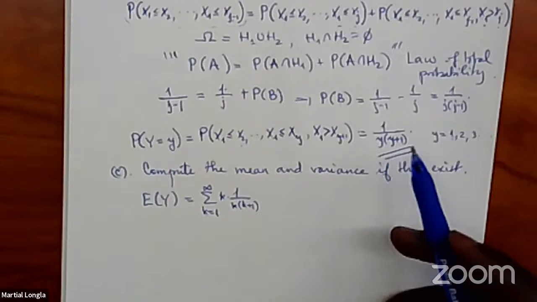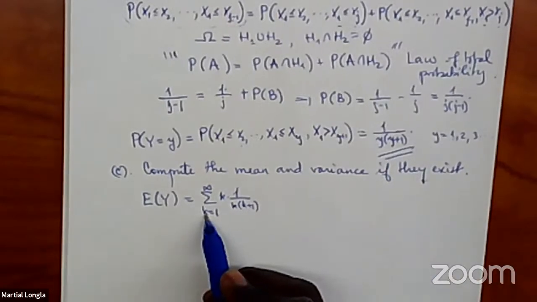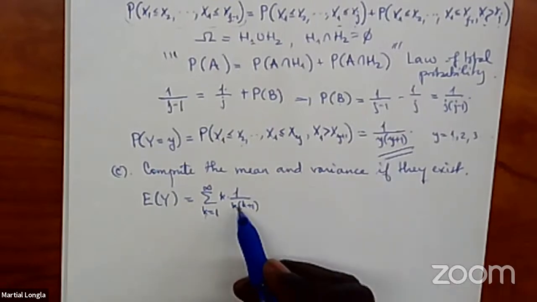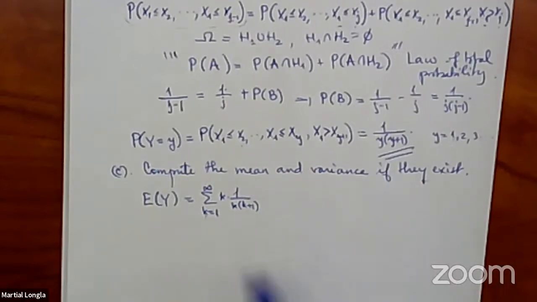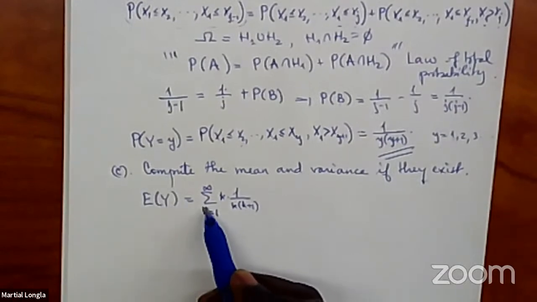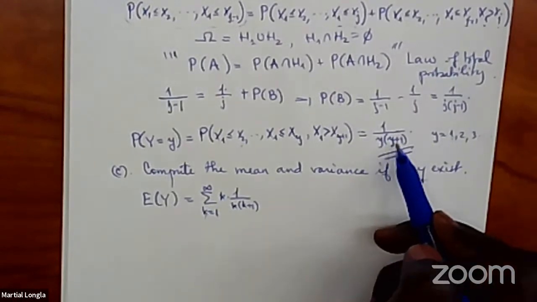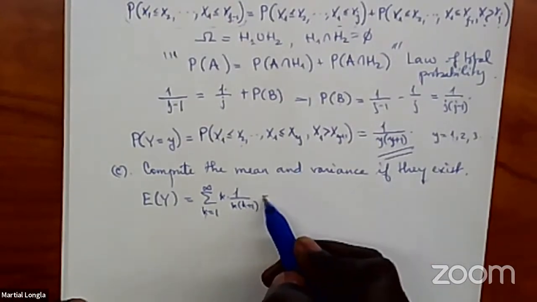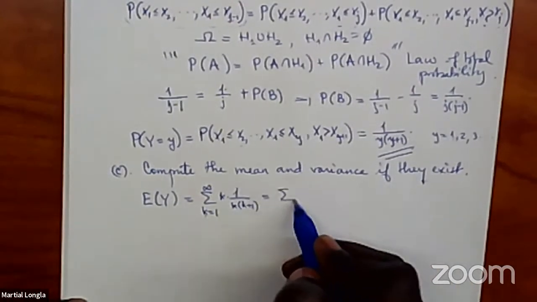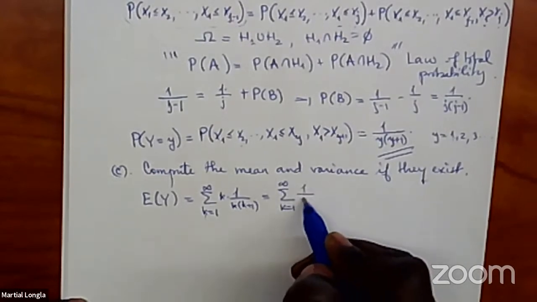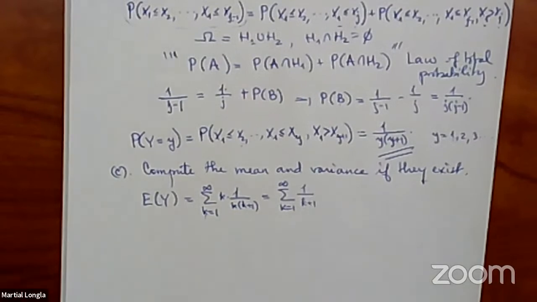As soon as I call it something here, that's what it stands for, and everywhere else you've got to plug in that thing. So here, in the formula of the expected value, k stands for what? And when you want to do this sum, it becomes the sum, k from 1 to infinity of 1 over k plus 1.